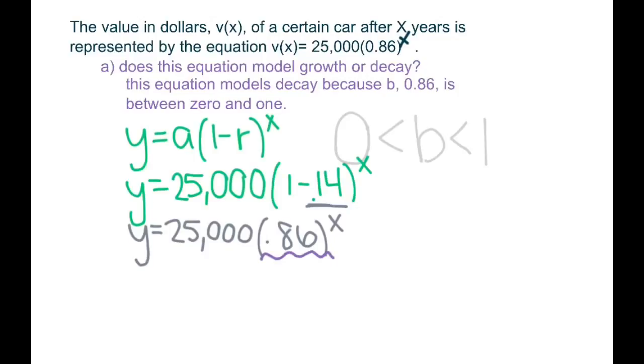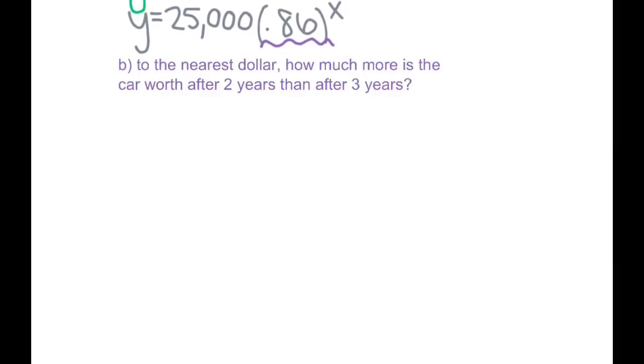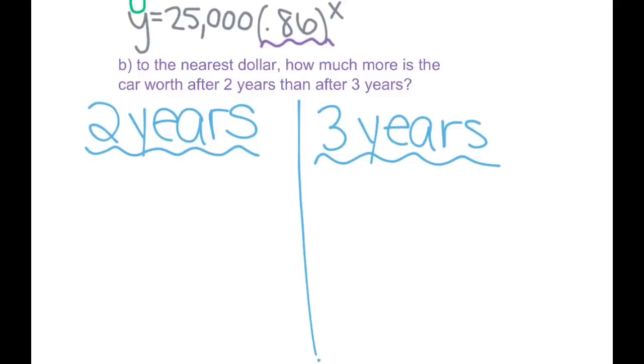To the nearest dollar, how much more is the car worth after 2 years than after 3 years? First you find v of 2, because you have to find 2 years.